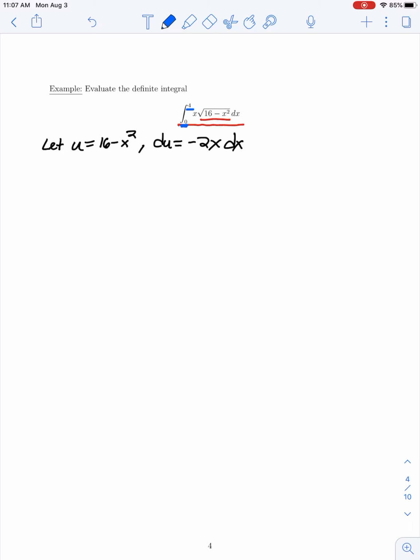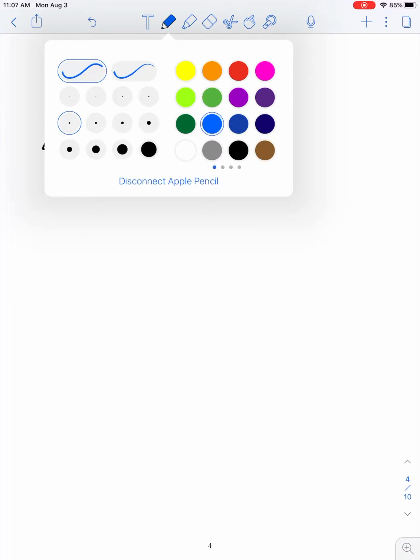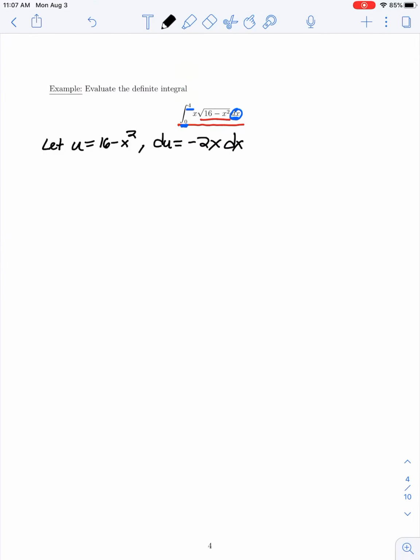I've got values of 0 and 4, but recall that these values were values of the variable x, since we were working with a dx. So if we're going to rewrite our integral in terms of u, I need to know what the corresponding values for u are. So let's start by looking at our lower limit of integration.